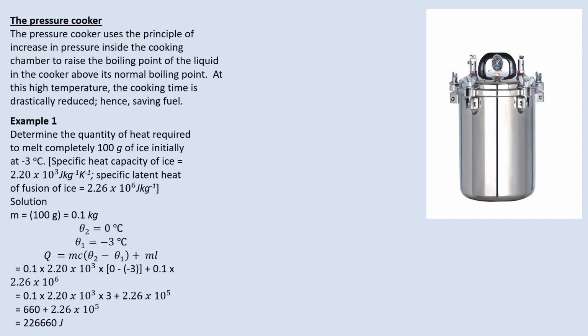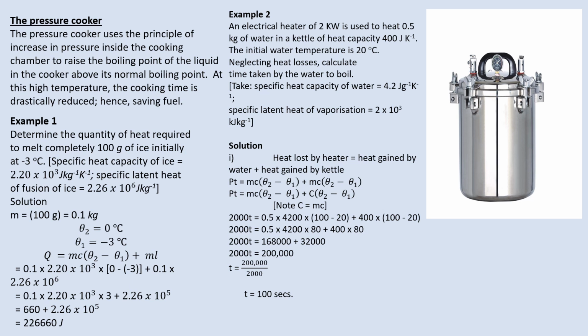Determine the quantity of heat required to melt completely 100 grams of ice initially at -3 degrees Celsius. Given that the specific heat capacity of ice is 2.20 times 10 raised to the power 3 joules per kilogram per Kelvin, while the specific latent heat of fusion of ice is 2.26 times 10 raised to the power 6 joules per kilogram.